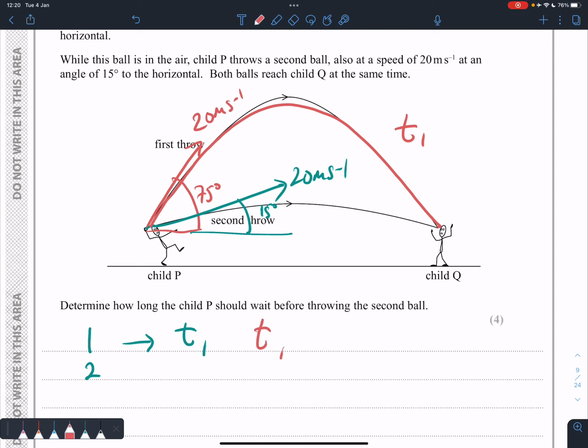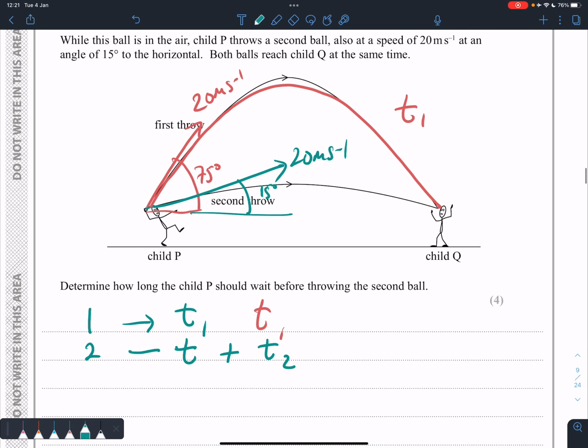And for the second throw, you've actually got to wait a small amount of time. You've got T, which we don't know what it is, plus T2. So T is the wait time, and then time 2 is the second throw time.